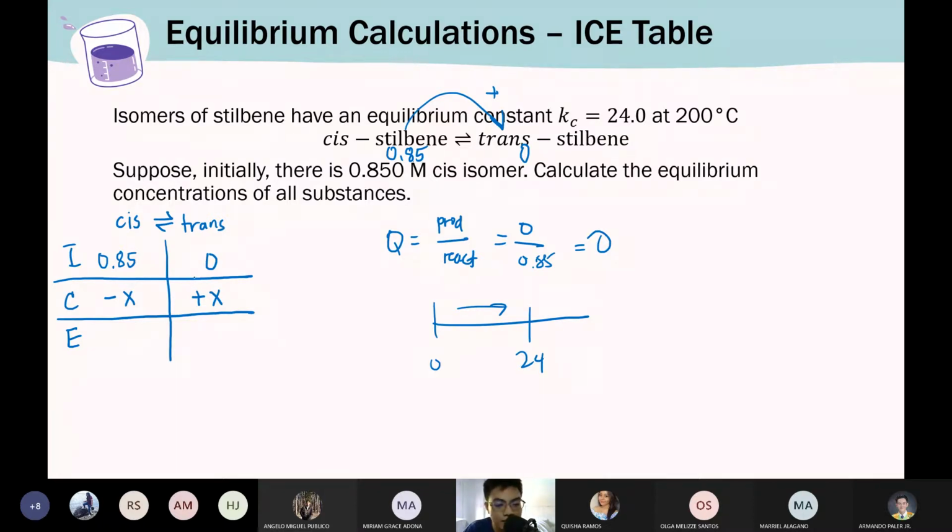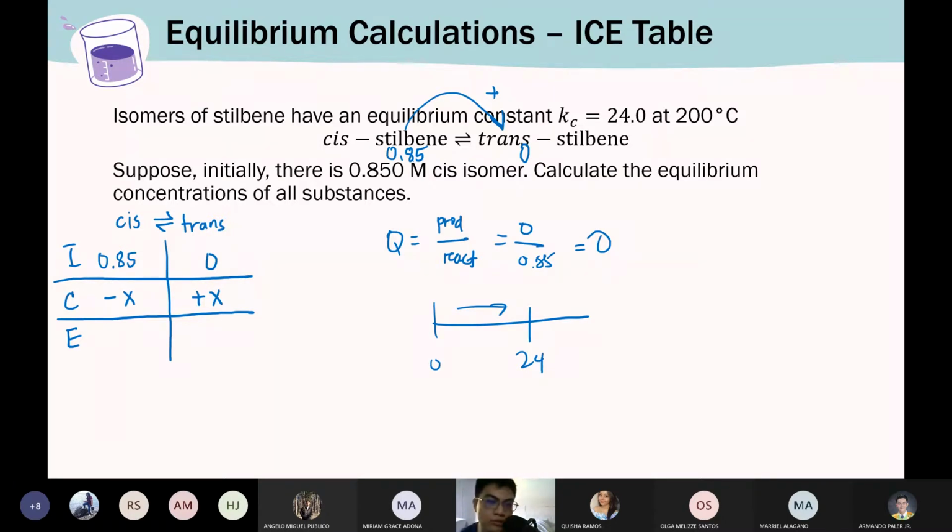Okay? Did you get the change? Hopefully you got the change. If you have clarifications, tell me before we proceed. So depending on the direction of the reaction, the sign of the change is either positive or negative.